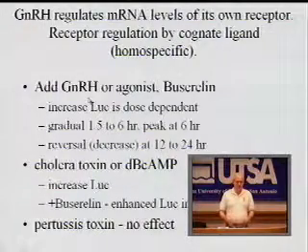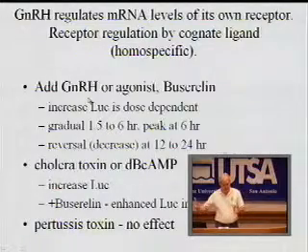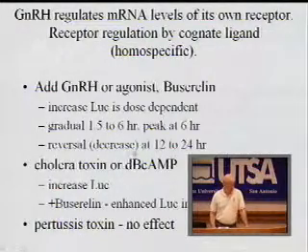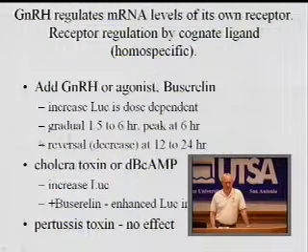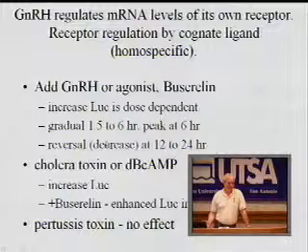They'd be there for a certain period of time, I'm not sure exactly how long, and they're washed off, and then you measure the enduring effect on the expression of your reporter gene. So after that washout, there's a reversal, a decrease back to the basal level at about 12 to 24 hours.